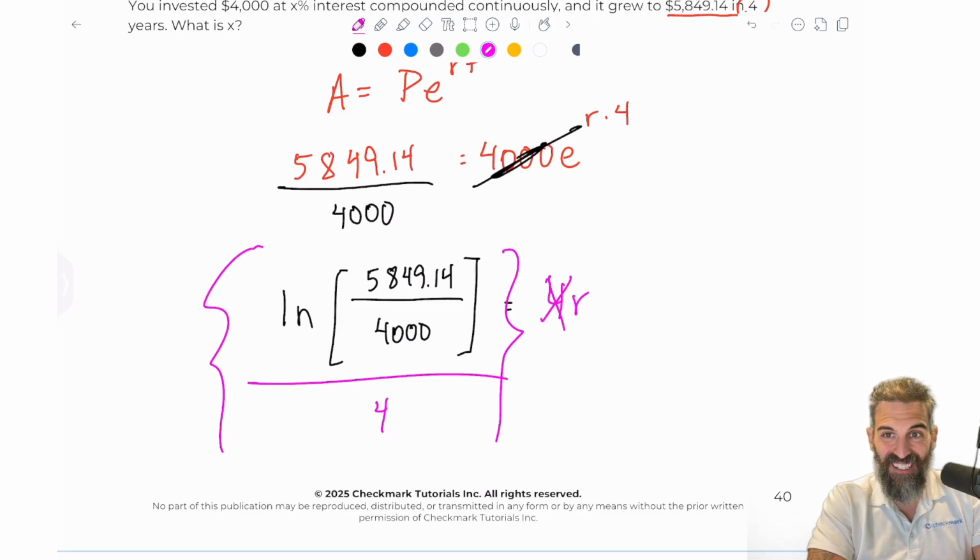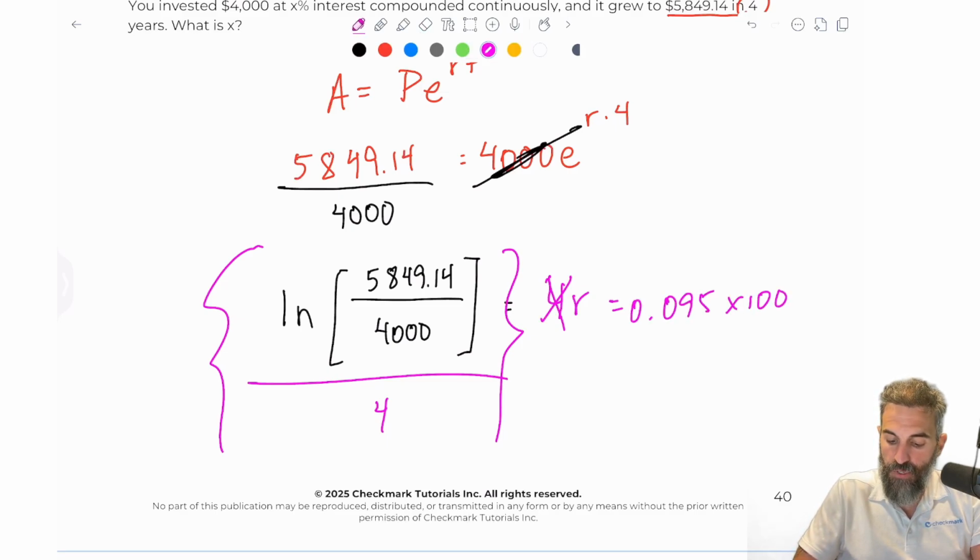I'm telling you guys exactly what I'm punching in. So it's ln bracket 5849.14 divided by 4,000, close bracket, divided by 4. I get R of 0.095, which is, typically we like to express these as percentages, right? So it's 9.5%.